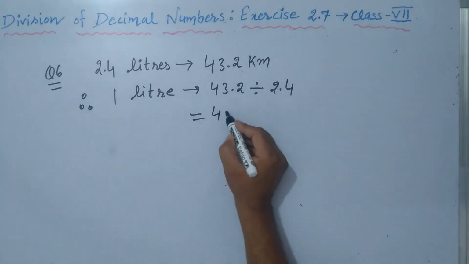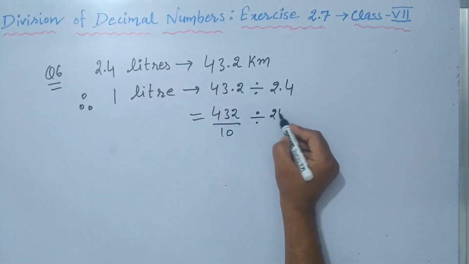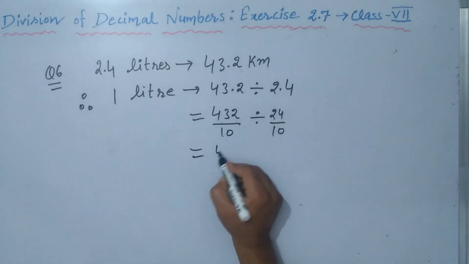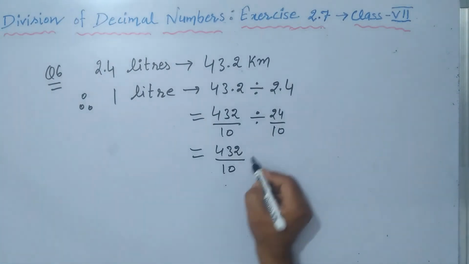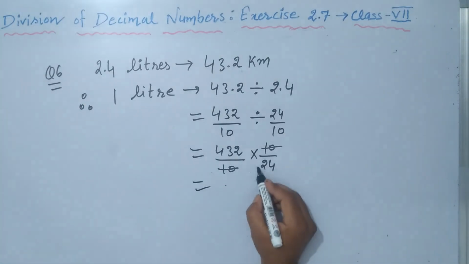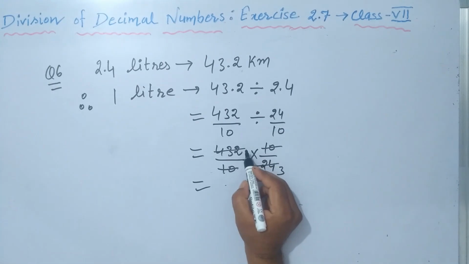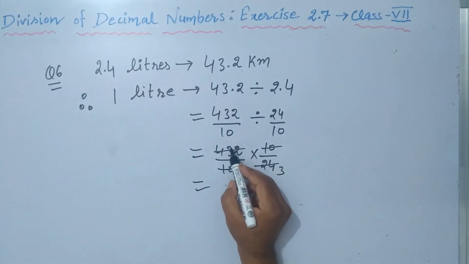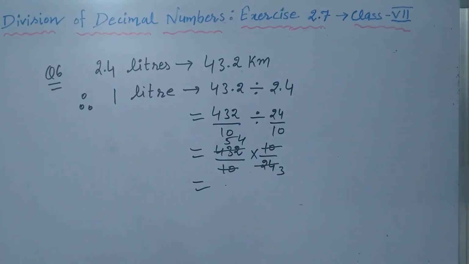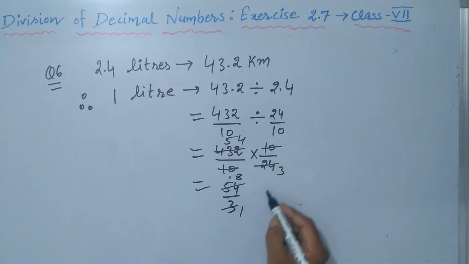This is equal to 432 divide 10 divide 24 upon 10 equal to 432 divide 10 into 10 upon 24, 10 10 cancel, 8 into 3, 24. 8 5s are 40. 8 4s are 32. 54 upon 3. 3 1s are 3. 8 3s are 24.